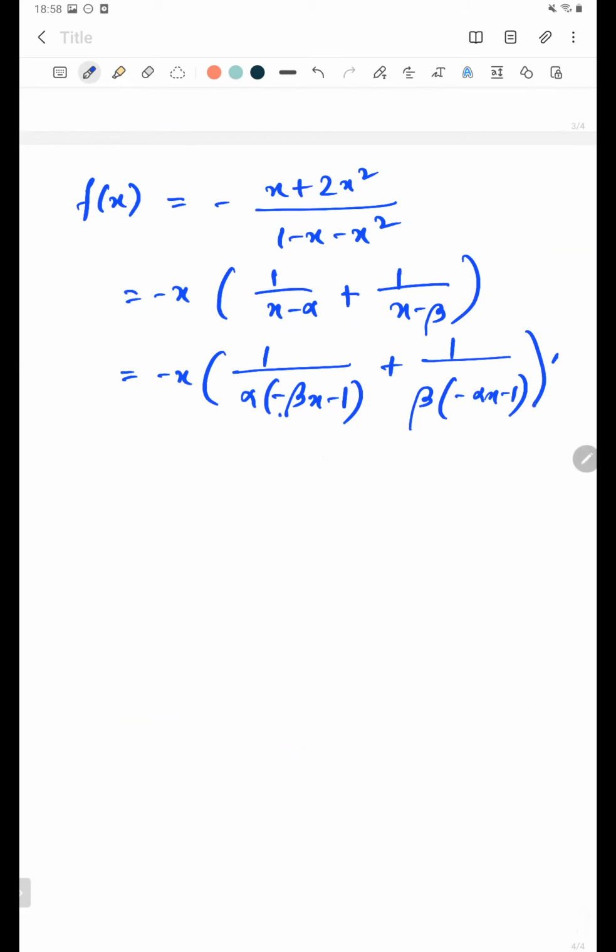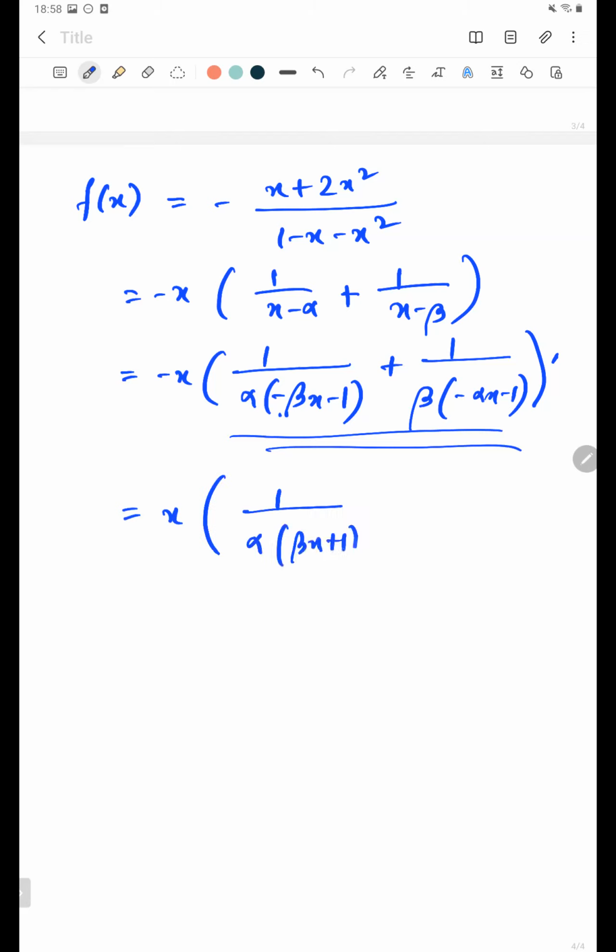And using that, we have this thing. Now this is equal to x into 1 by alpha beta x plus 1 plus 1 by beta alpha x plus 1.